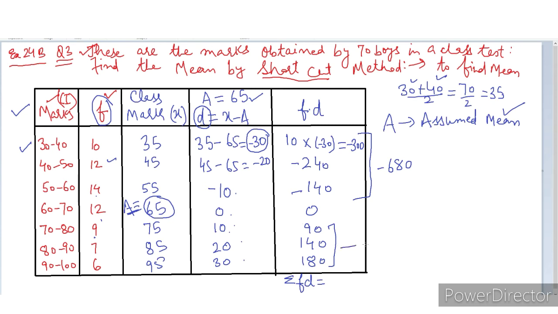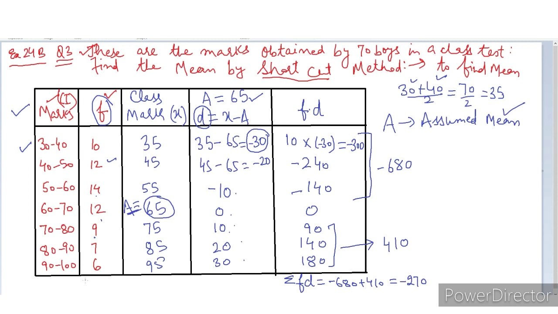And from the positive side, simply add all these numbers. 13 plus 8 will be 21, and 2 plus 1, 3 plus 1, 4, so 410. So finally we write minus 680 plus 410. So summation fd would be simply minus 270. Take care of this minus, very much important.